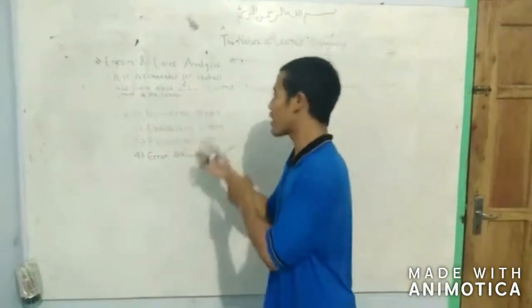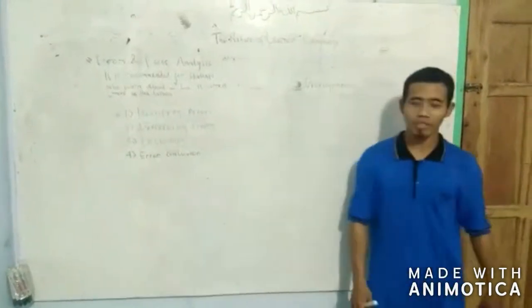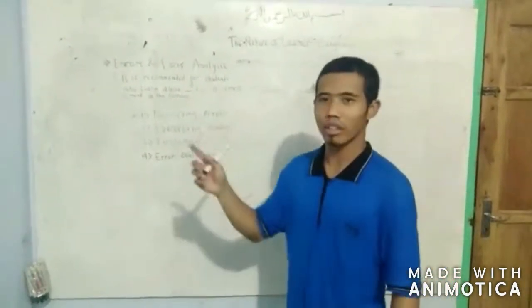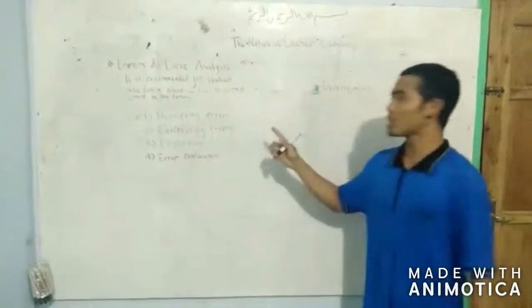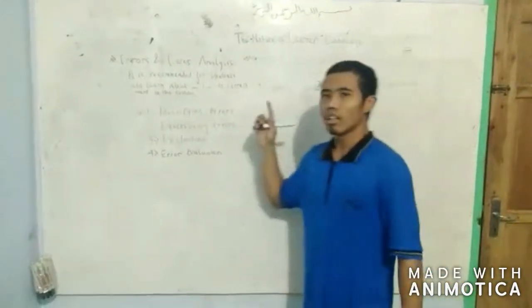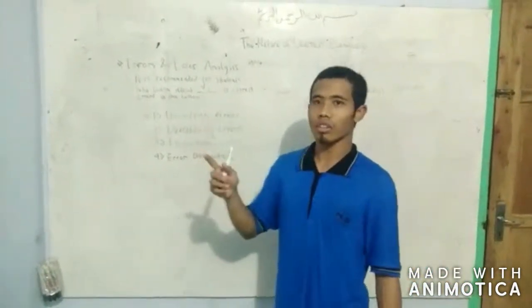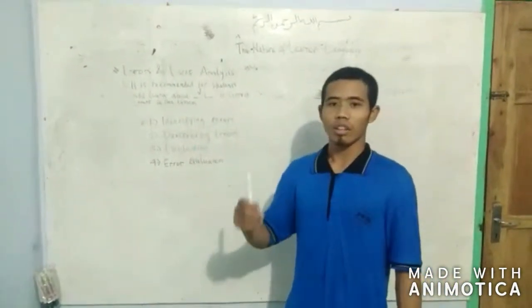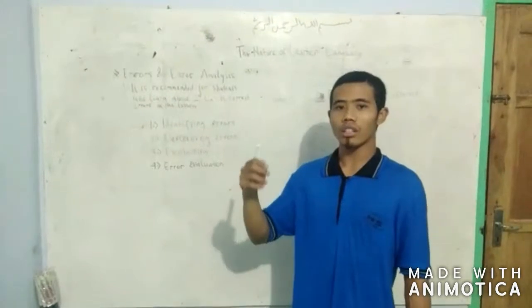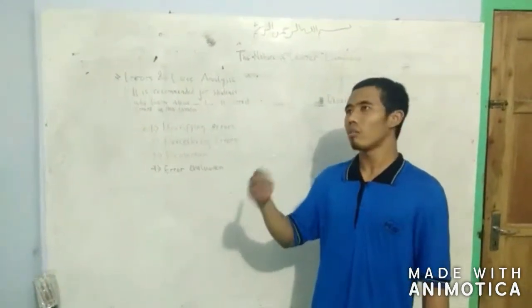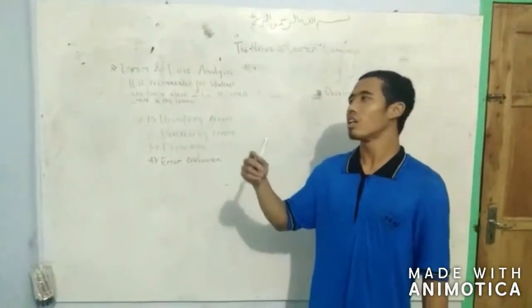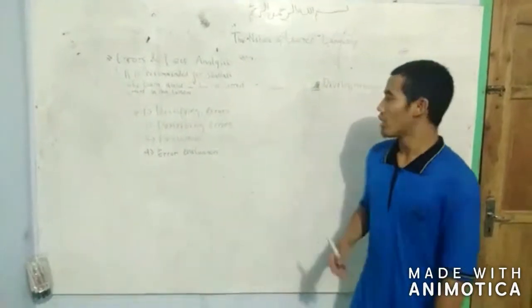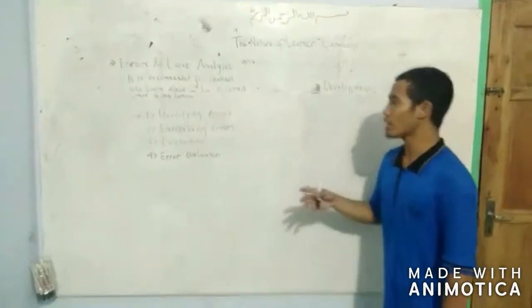And the second, describing errors. After we identify the errors, we should describe them: why the error is wrong and why the lesson is in error. And the third, explaining errors.